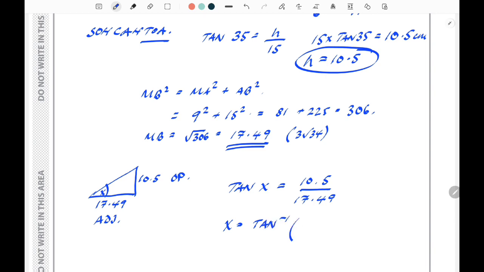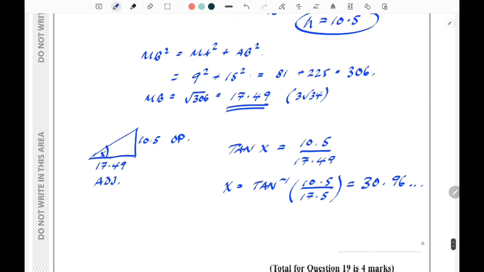So on your calculators, press shift and then tan, and you get the inverse tan symbol, and it's the same ratio. You can put it all in one place. All right, so 17.49 or 17.5, and you will get an answer that is 30.96 dot dot dot, etc. And you can round that up.